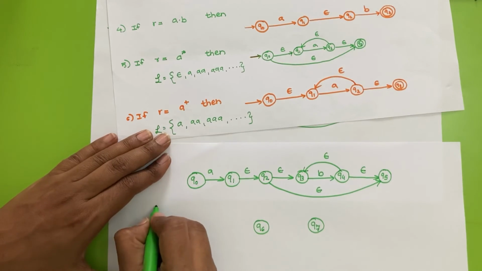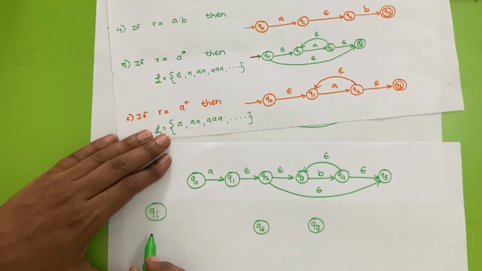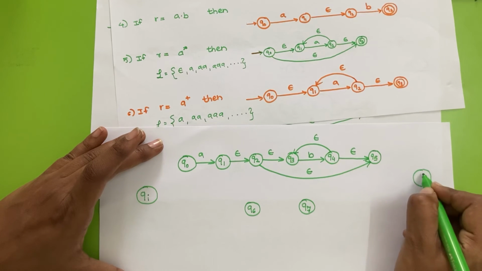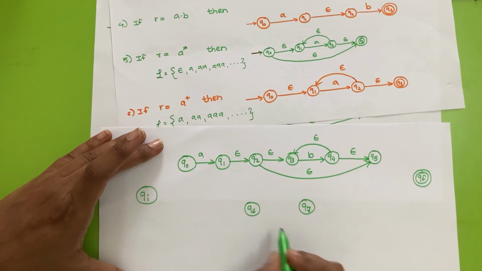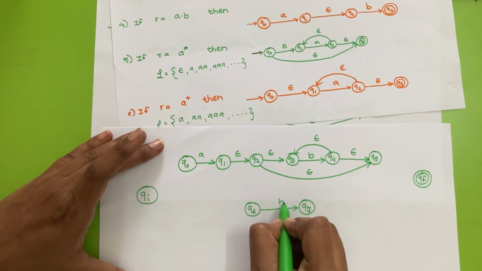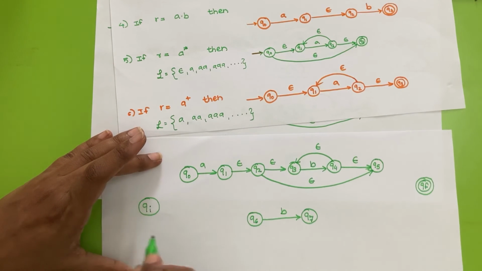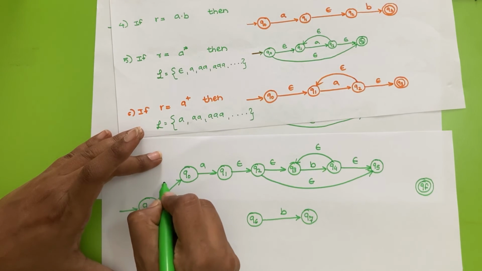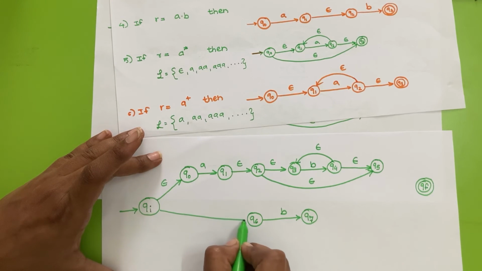So here we will add an initial state, we will rename it as Qi, and here we will add a new final state, that will be Qf. And this is what our B is. These will be connected with the help of empty transitions.